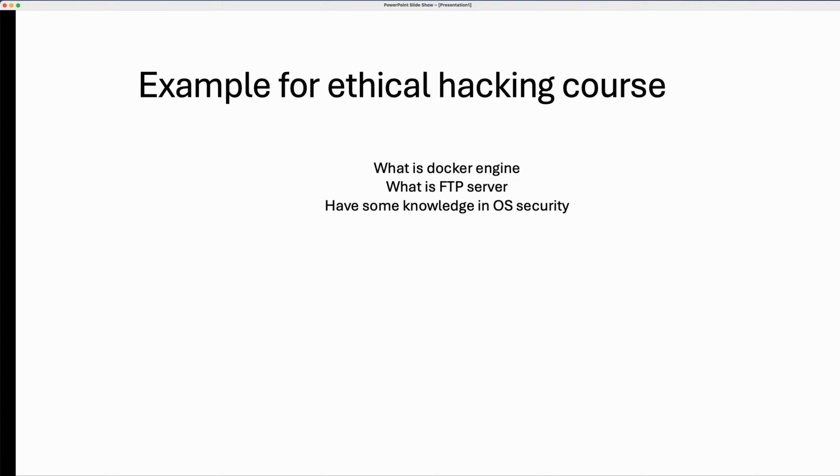So to illustrate this, I'm going to talk about an example that I'm using and applying in the ethical hacking course. But in order to understand this example, how I was able to interact with the AI in a very constructive way, the one who will follow this example needs to have knowledge of what a Docker engine is, what an FTP server is. He or she should have basic knowledge about OS security.